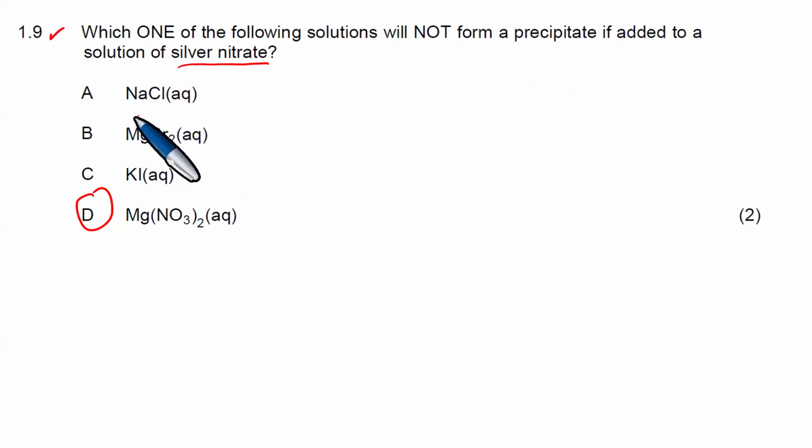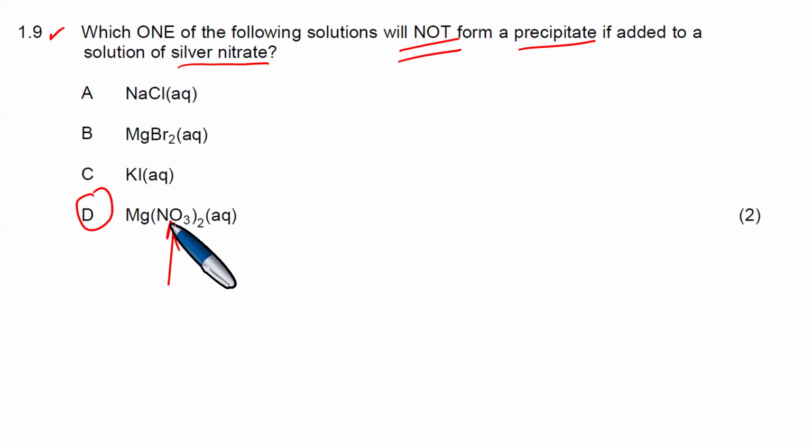Your sodium chloride is table salt, the salt you eat at home. Your magnesium bromide and your potassium iodide are all salts, and salts have a tendency to form precipitates. But we're dealing with silver nitrate, which contains a nitrate. Nitrate means NO3.